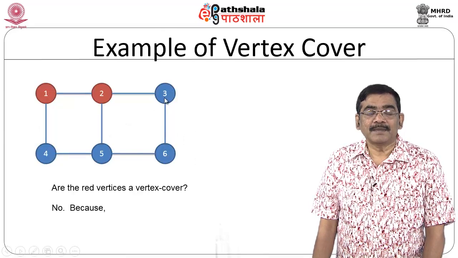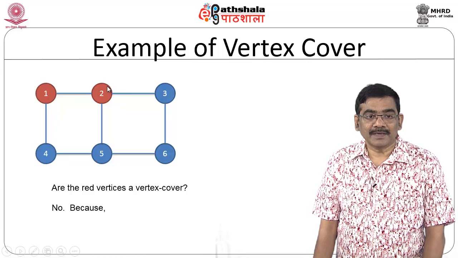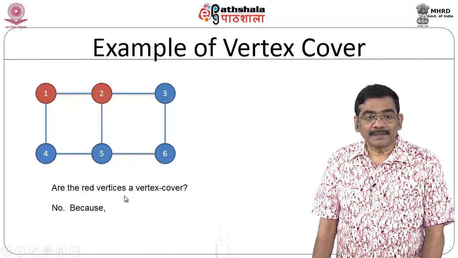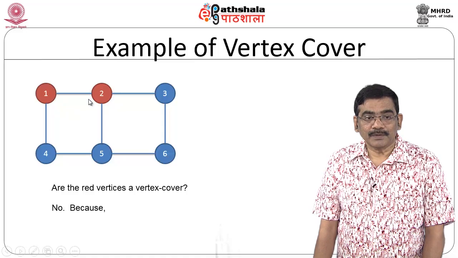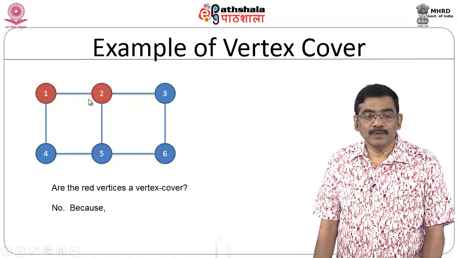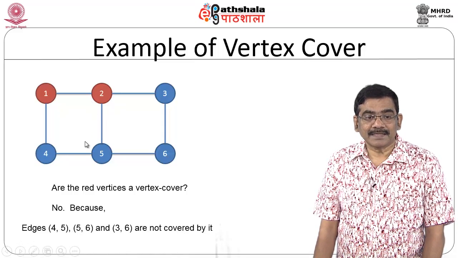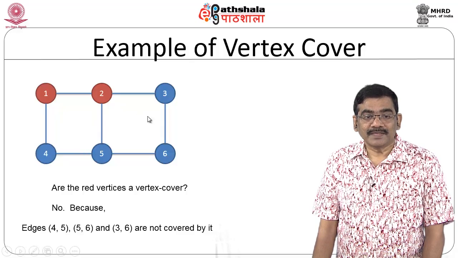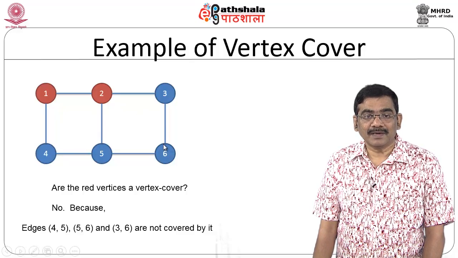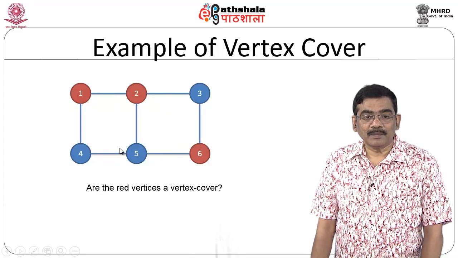So, this is an example of a vertex cover. Is {1, 2} a vertex cover? No, because edges 4-5, 5-6 and 3-6 are not covered by it. And what about this one? Is it a vertex cover? No, because the edge 4-5 is not covered. And what about this?